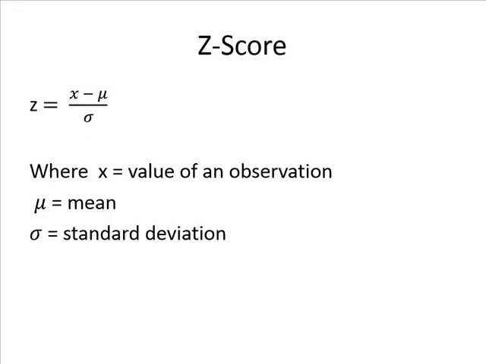Mu, little curly m, is the mean. Now I wrote it this way because it's meant to be the population mean. It's meant to be the mean of our entire sample. So you find the difference, and then you divide that by the standard deviation, little sigma. That gives you the z-score.